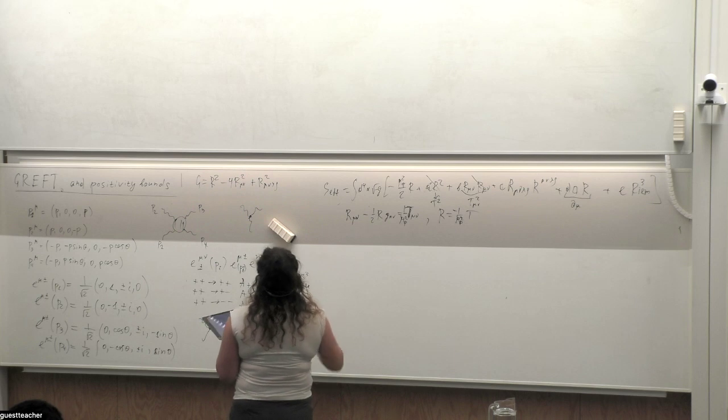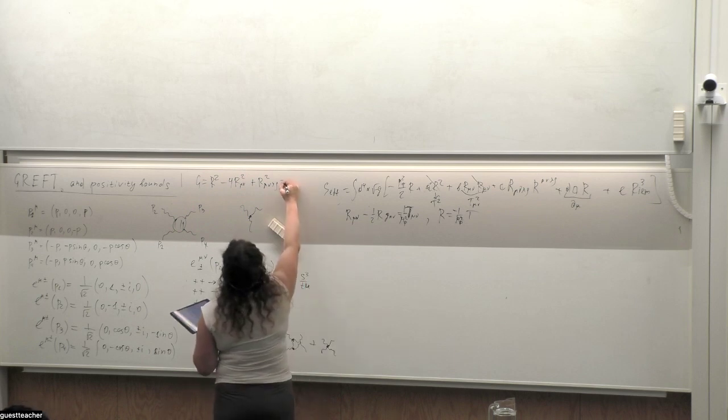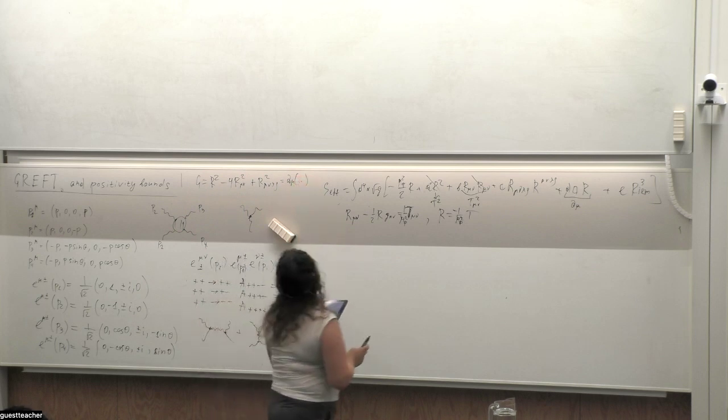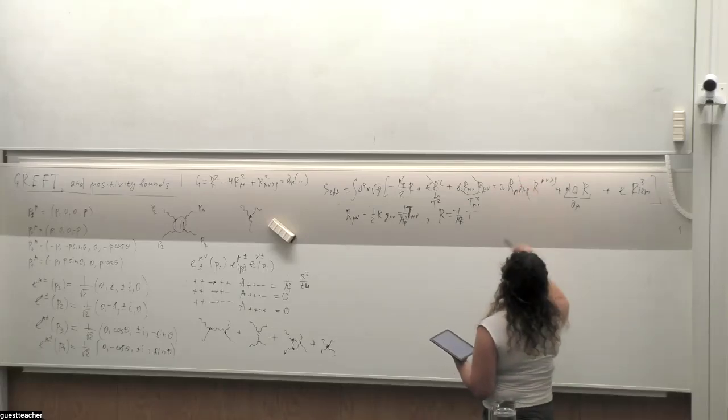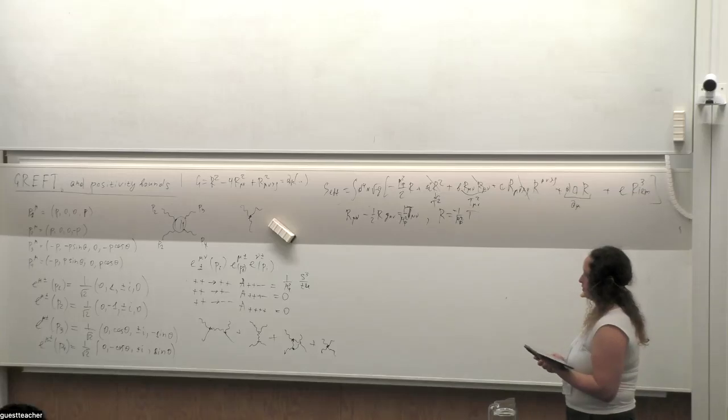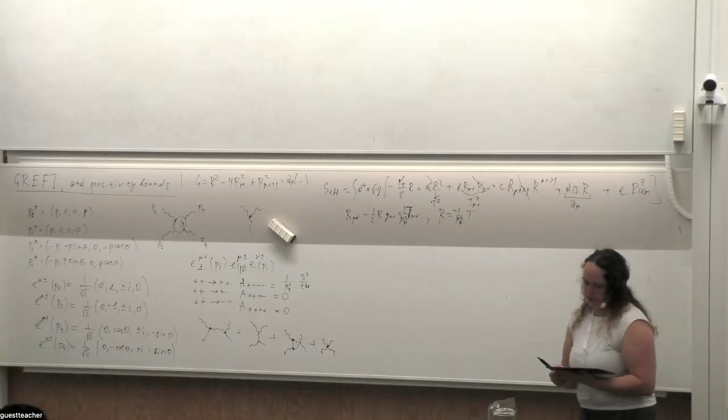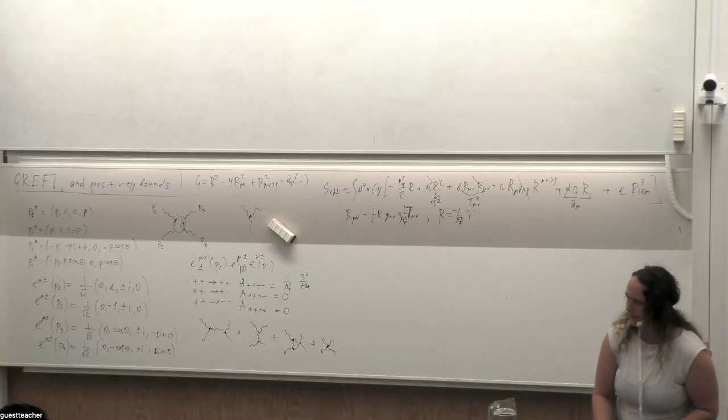The presence of this total derivative means basically that we can also eliminate the R mu nu lambda rho squared term in 4 dimensions. So in the EFT of gravity, there are no quadratic terms.